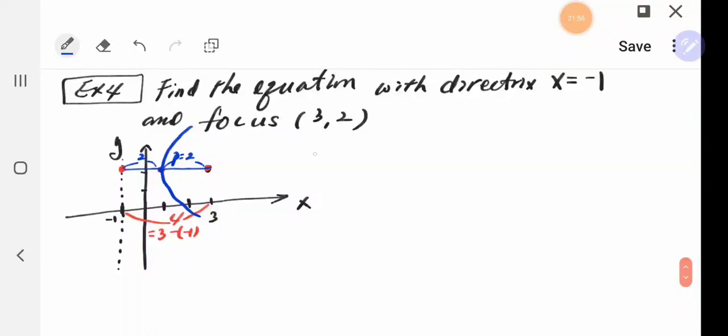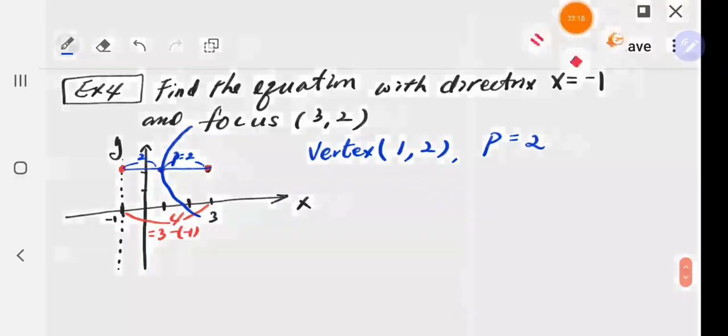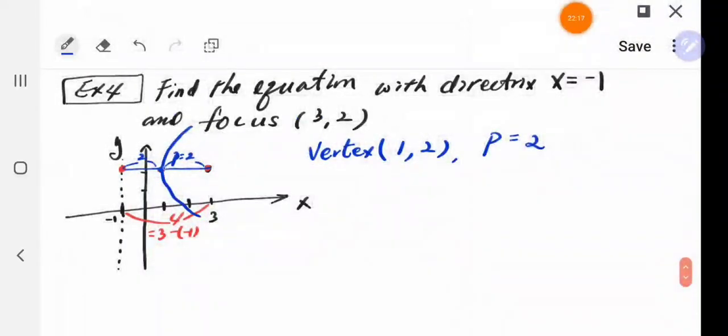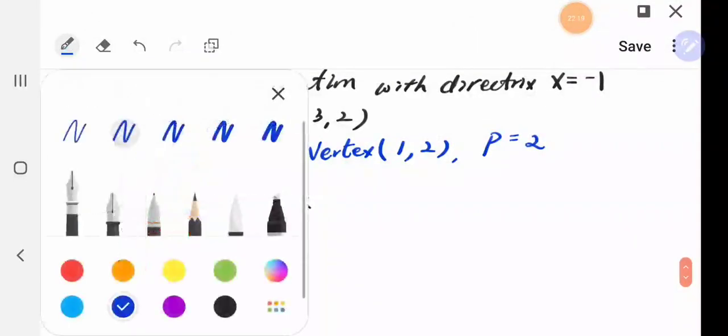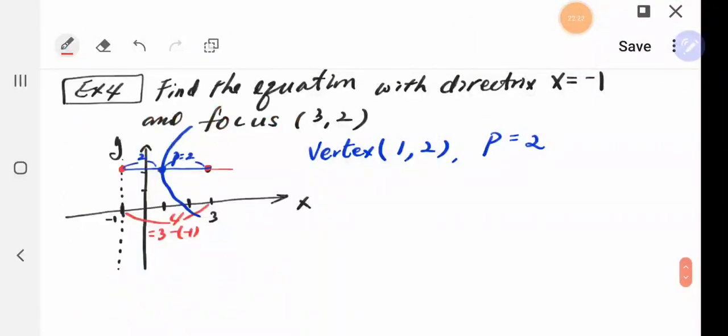Okay, so now the vertex. We know the vertex is now x equals 1, y is 2, and the focus is 2. For the vertex, the vertex is the midpoint. So let me get the midpoint of 2 points.